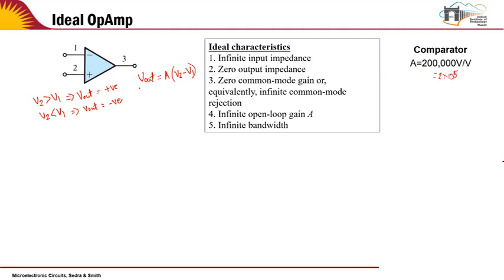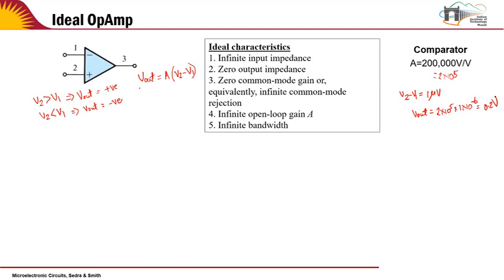Then for a small change in the input, let's say that V2 minus V1 is equal to 1 microvolt, what is the output going to be? V out is going to be 2 into 10 to the 5 times 1 into 10 to the minus 6. So that's 0.2 volts. So even for a 1 microvolt difference, you can get a 0.2 volt at the output.